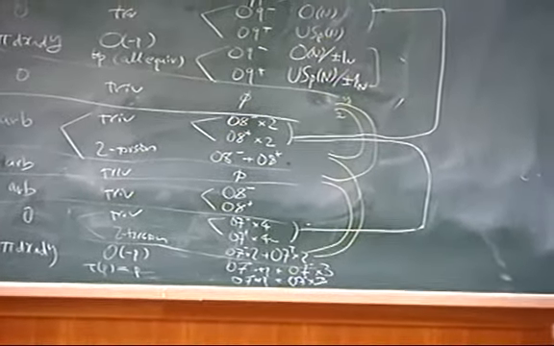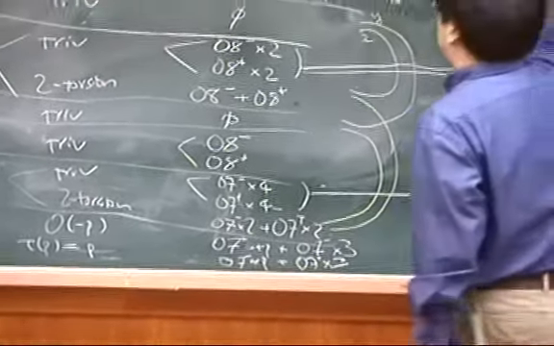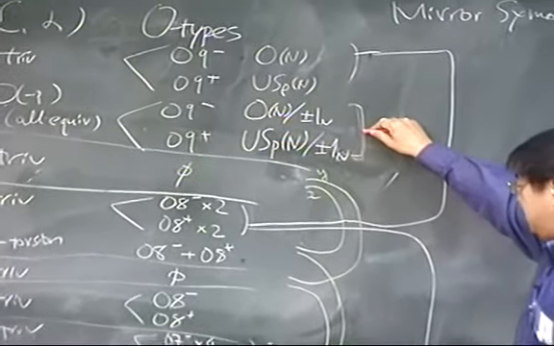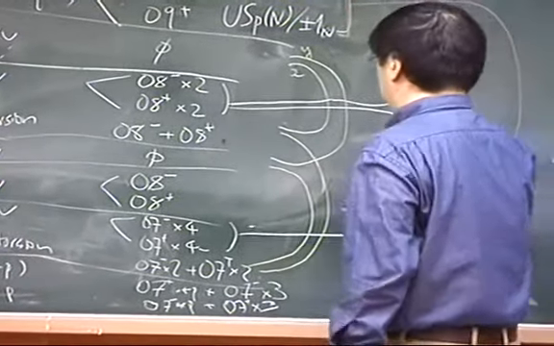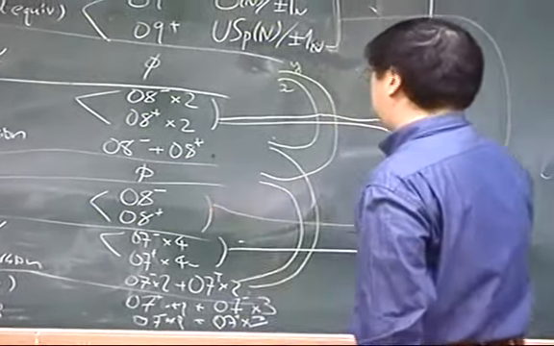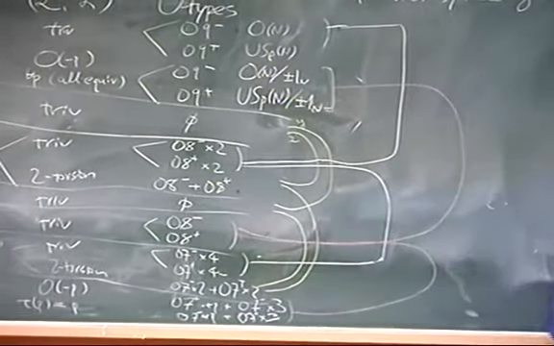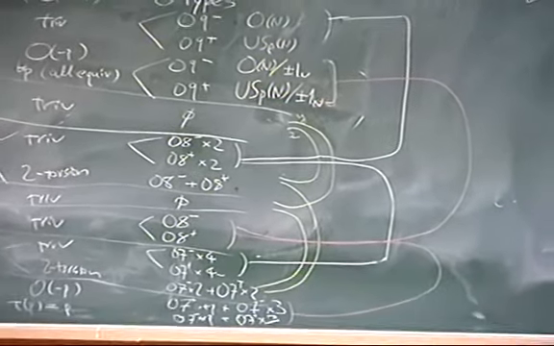And the final, the most interesting, is this one. This is related to what's not written, which is this, and also this. So this is the mirror symmetry relation.